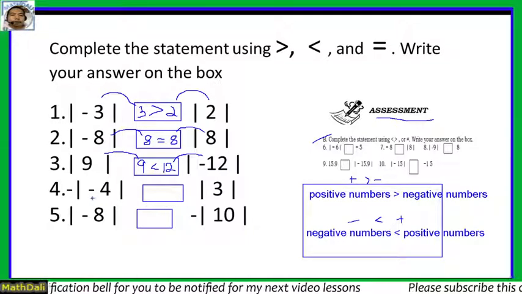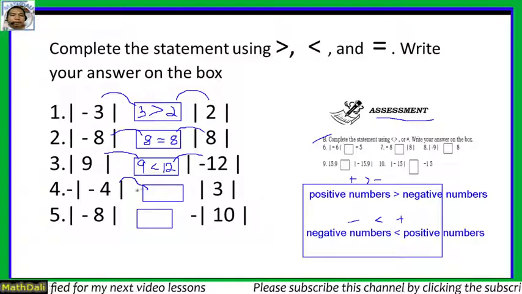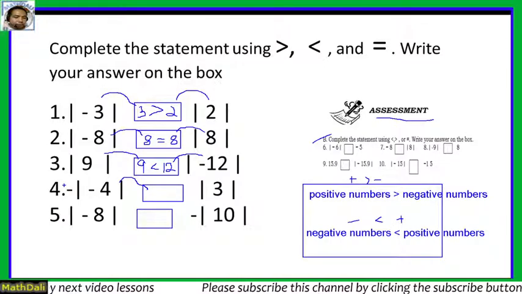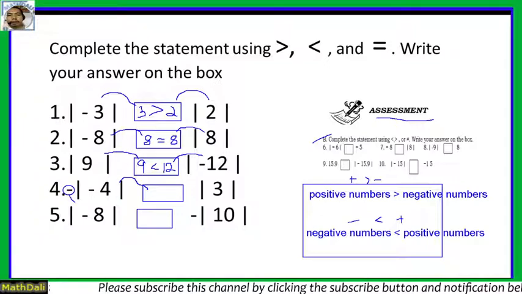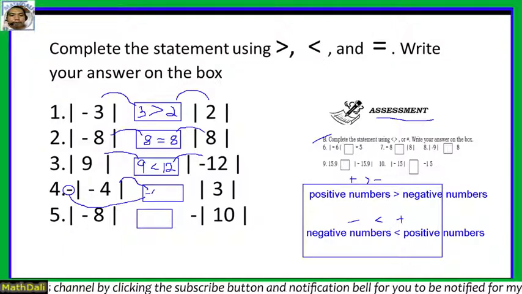Okay, next. Negative absolute value of negative 4. Paano ba yan? May negative tayo dito. Yan. Kung may negative dito sa labas ng ating absolute value, ang sagot natin dito ay negative. Ang absolute value ng negative 4 ay positive 4.